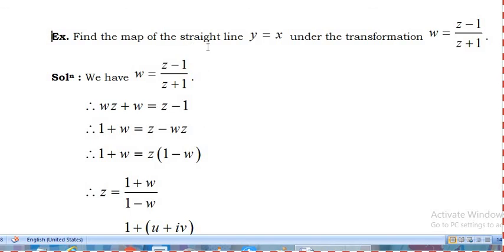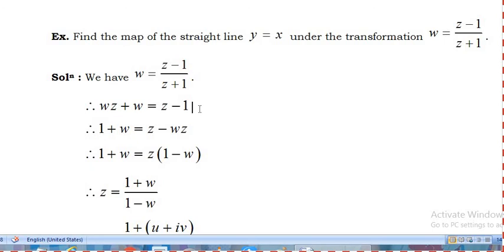Find the map of the straight line y equal to x under the transformation w equal to z minus 1 upon z plus 1. We have w equal to z minus 1 upon z plus 1. Therefore, wz plus w equal to z minus 1.